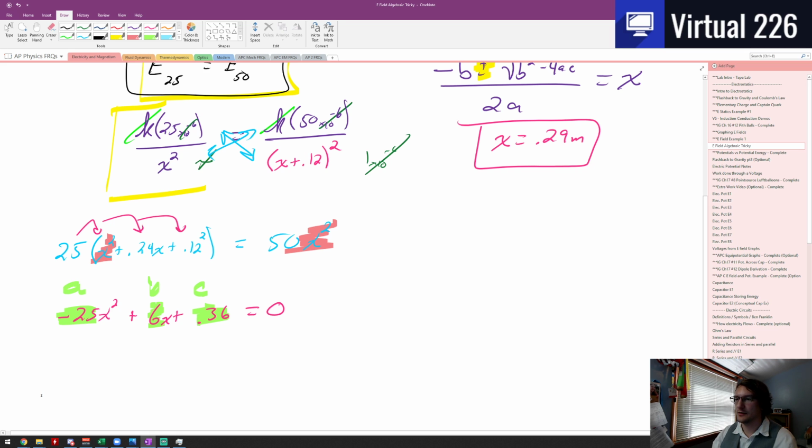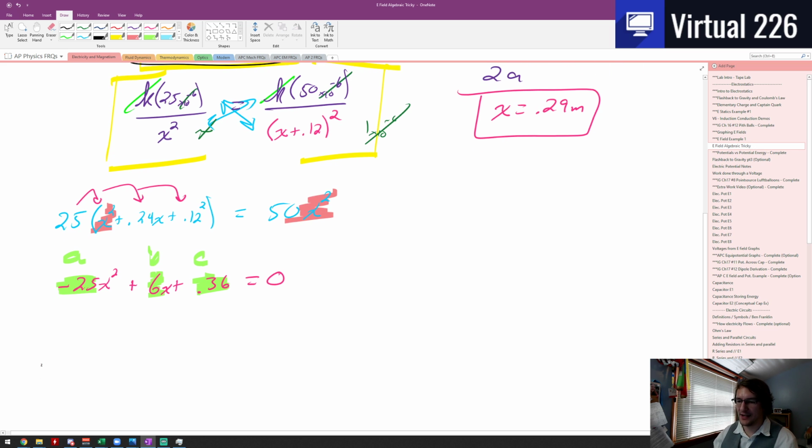If you didn't want to run that quadratic and you were looking at what we had initially here, well, you're right. We don't technically have to, but it's bad math practice to do a little trick. If I wanted to, I could just take the square root of everything, which would give me the square root of 25, which is 5, over the square root of x squared, which is x, and this would equal the square root of 50 divided by x plus 0.12, okay?